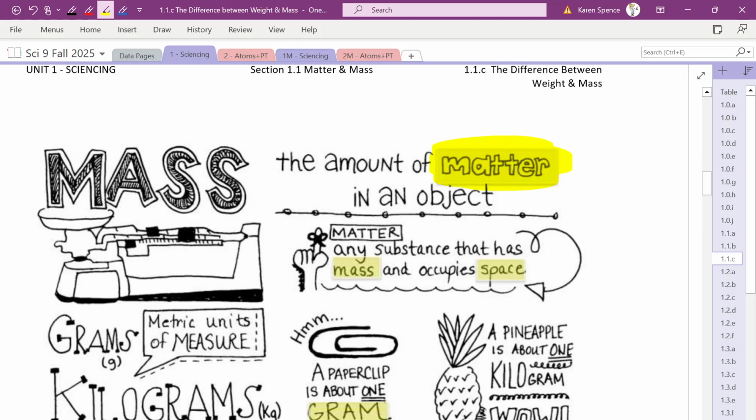And matter is anything that takes up space and has volume. Matter has volume. Sorry, I said it has weight. It has volume. In other words, it takes up space.